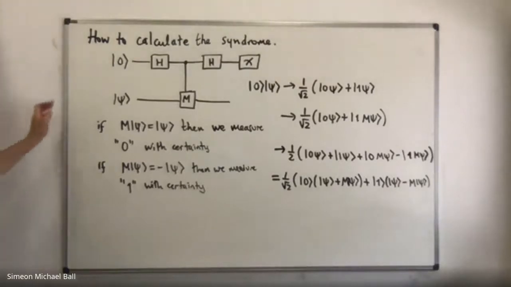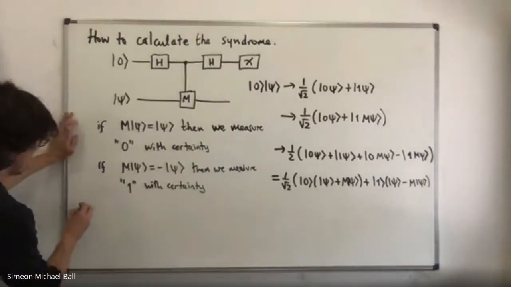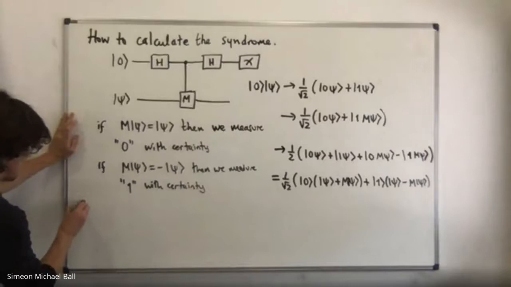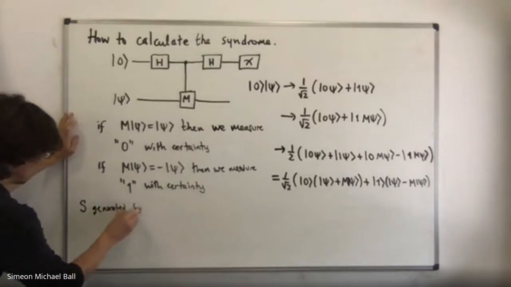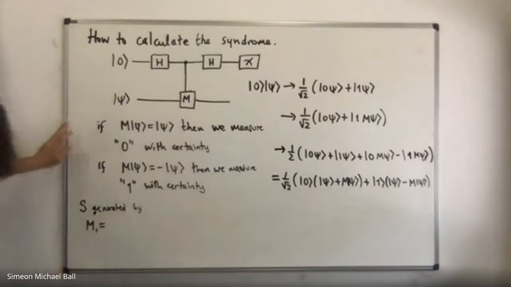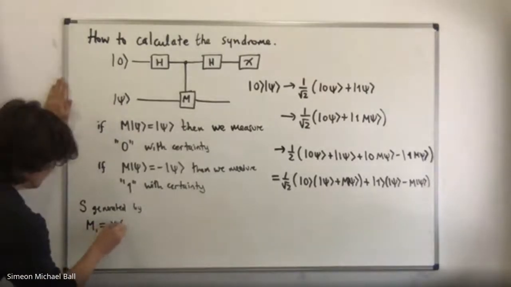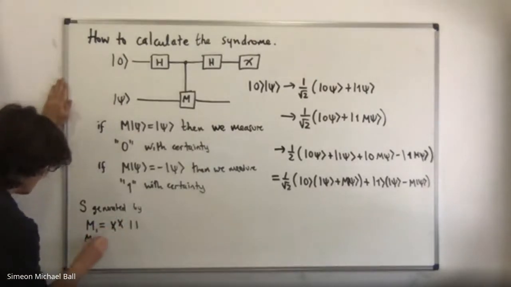So now I want to do a syndrome circuit for a slightly simpler code than we saw before. So let me just do a simple one where S is generated by M1, M2.